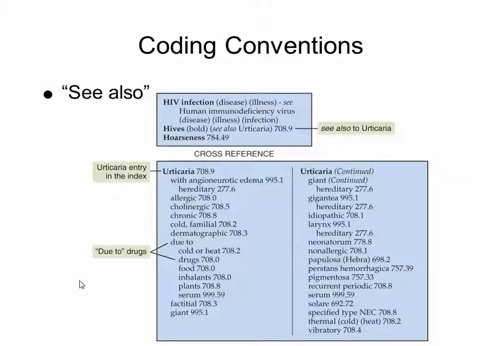And let's say that the physician had documented that they had urticaria due to some drug that they were taking that they'd recently been put on. Well, what do we have here? Urticaria due to drugs. 708.0. Okay, so "see also" is a, hey, you might want to check. I always check. Okay.